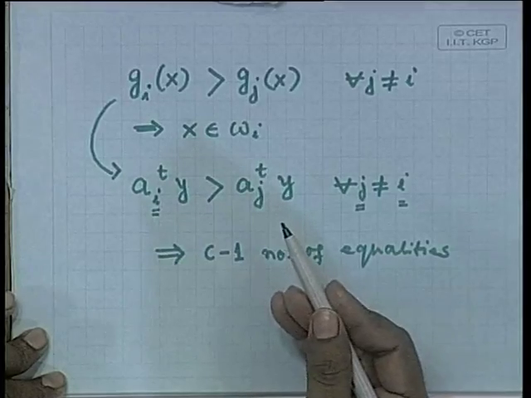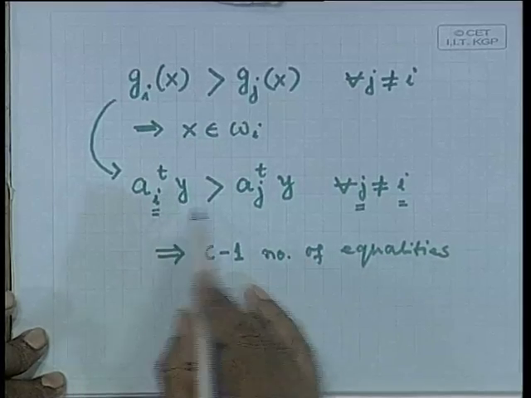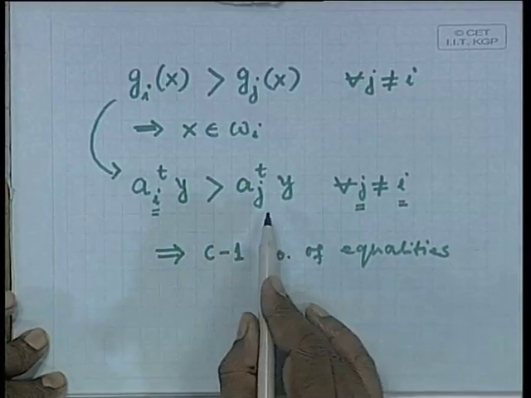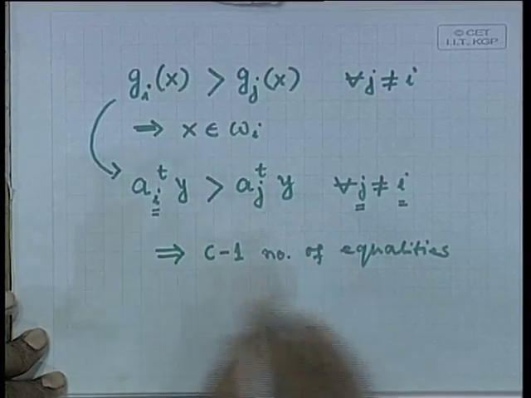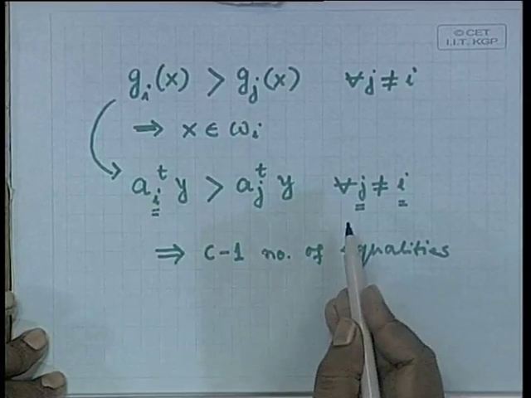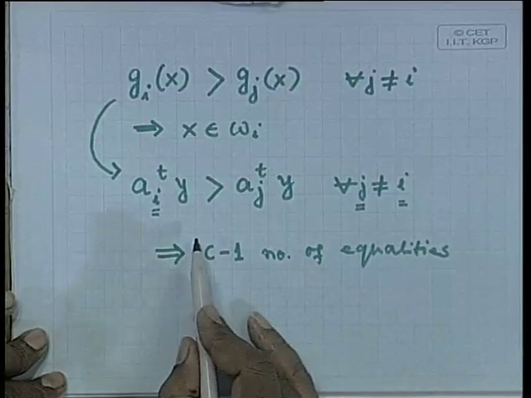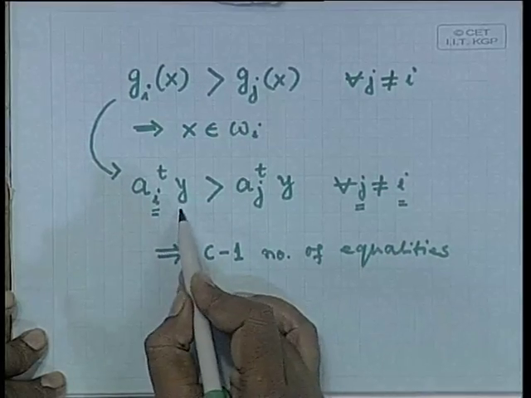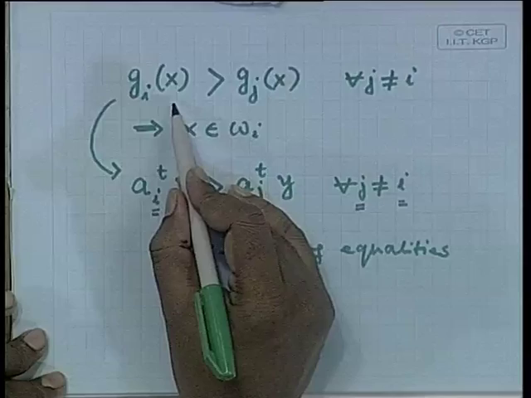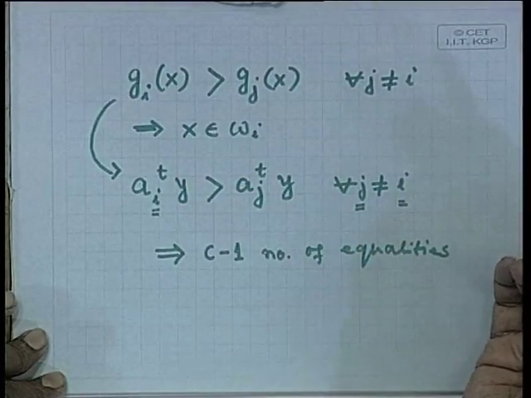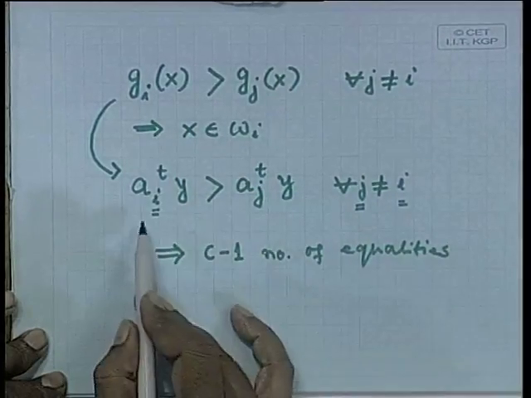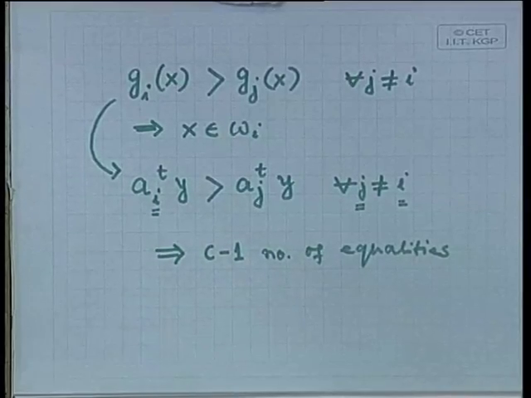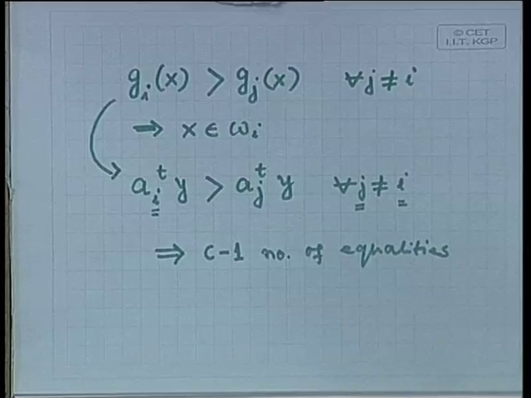Suppose i is equal to 1. Then A 1 transpose y must be greater than A 2 transpose y, A 1 transpose y must be greater than A 3 transpose y, A 1 transpose y must be greater than A 4 transpose y, and so on up to A c transpose y. Then only can I say that this sample y, or the corresponding sample x, belongs to class omega 1. So, this corresponds, for all values of j, to C minus 1 inequalities.